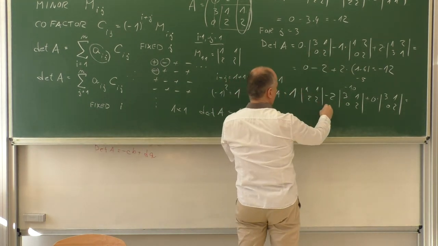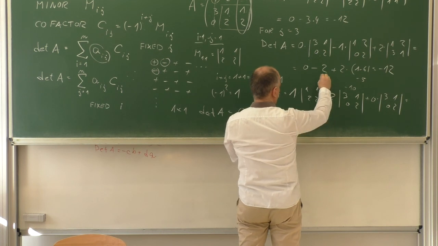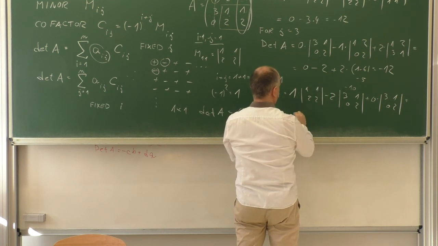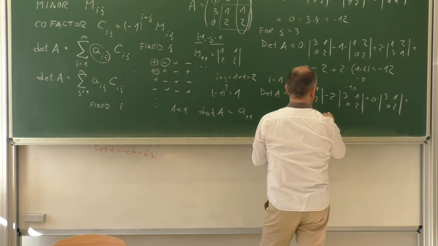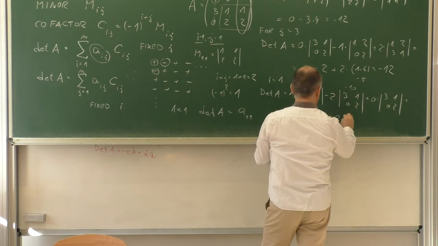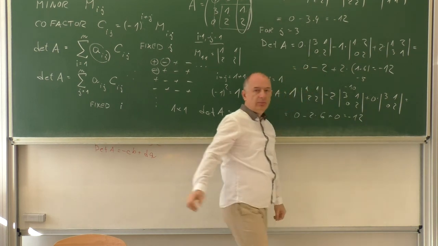So this is 2 minus 2, which is 0, minus 2 times 6, plus 0, which is again minus 12.